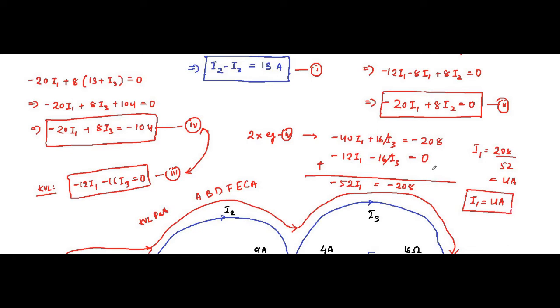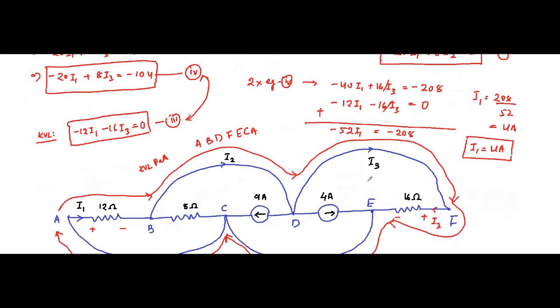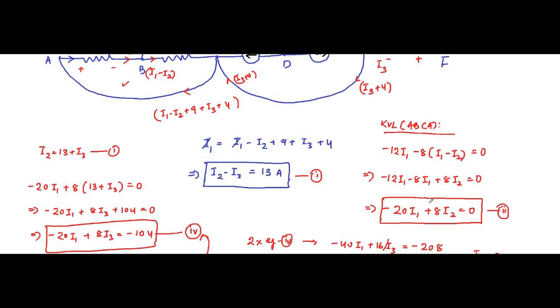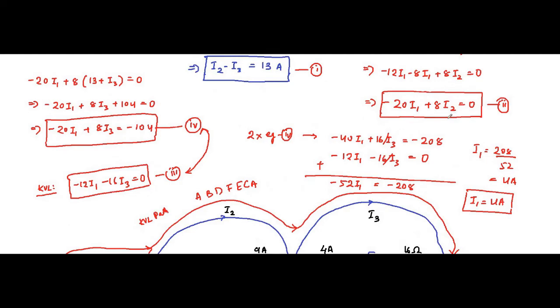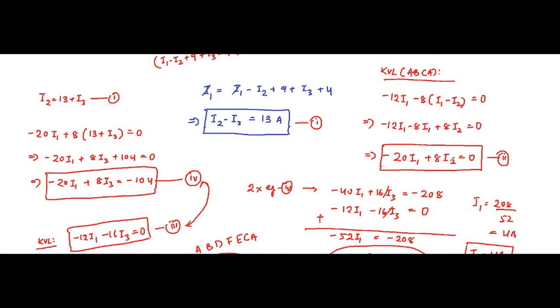Then there is some relationship between I1 and I2 that we have got here. We can use any of these relationships to get I2. Substituting this value of I1 here, minus 20 into 4 plus 8 I2 is equal to 0.